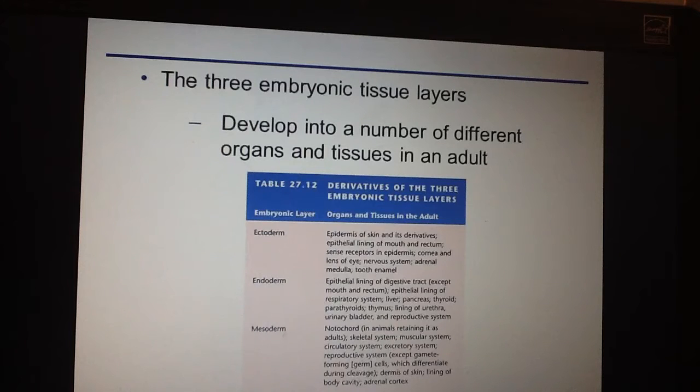It's the inside of your lungs, your respiratory system. It becomes your liver, your pancreas, your thyroid, so all those endocrine glands. It becomes the inside of your bladder, for your excretory system. The mesoderm, on the other hand, becomes your skeletal system, your muscular system, your circulatory system, and then, of course, the notochord.